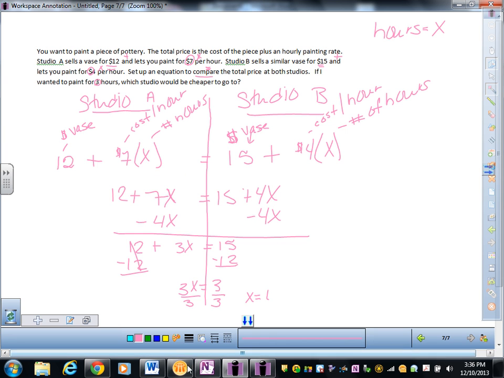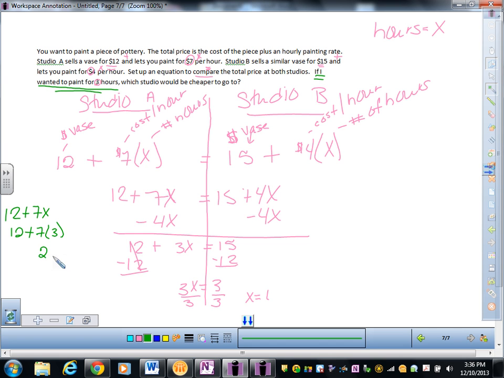So now this says if I want 3 hours, so I'm going to substitute 3 in there. Because it wants to know which studio should I go to if I want to paint for 3 hours, which one would be cheaper. So if I go over here, 12 plus 7x, I can substitute 3 in there. 12 plus 7 times 3.